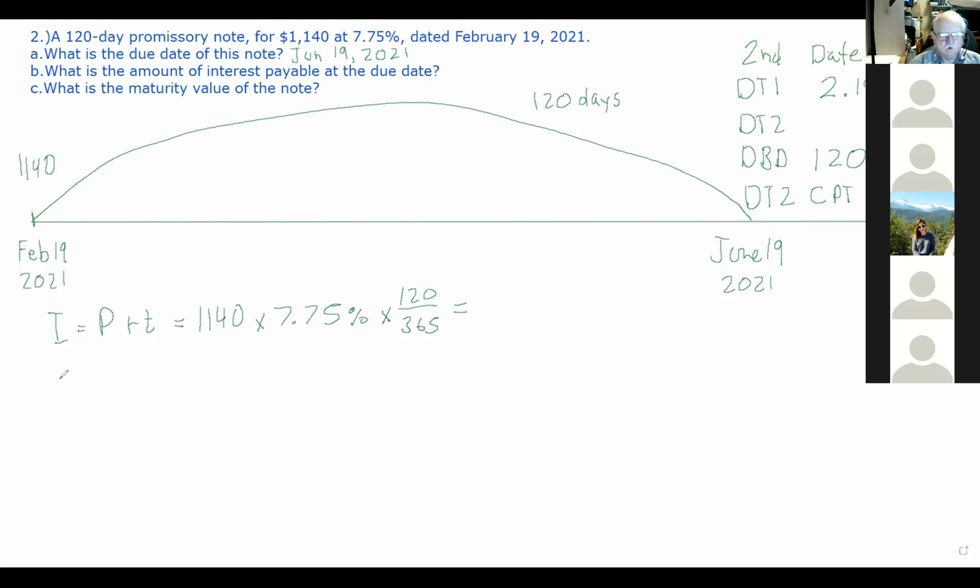Okay, and to find the maturity value of the note, we could go S equals P times 1 plus RT, which would be 1140 times 1 plus 7.75% times 120 over 365.